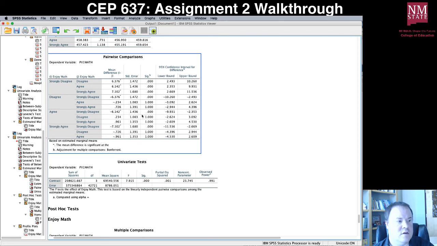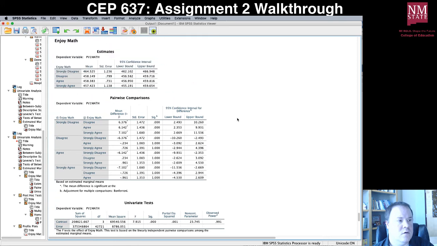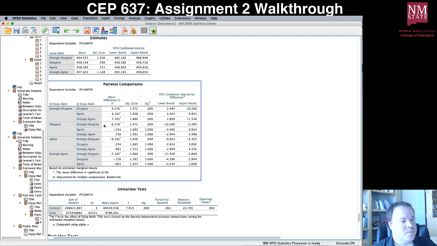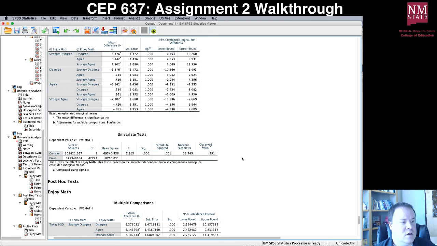So if we look across the significance, we can see that all 3 comparisons with strongly disagree are extremely different from all the other groups. Agree and strongly agree, though, are not different from disagree. It looks like the only group that is different is strongly disagree.